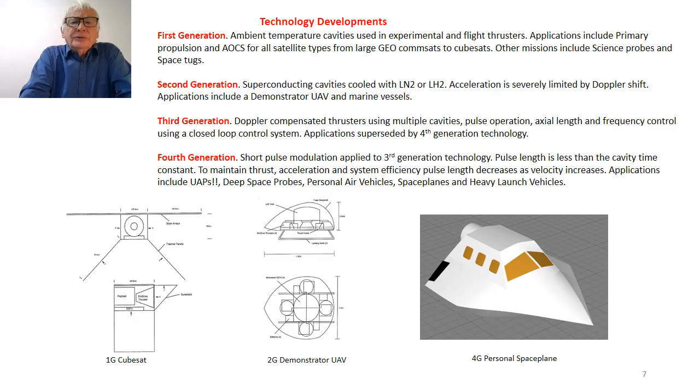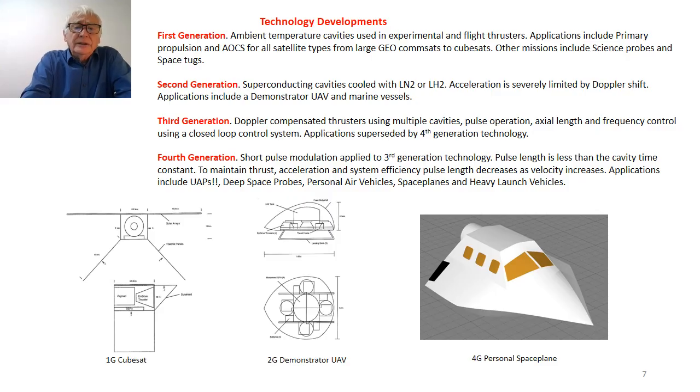The short pulse modulation is where the pulse length is actually less than the cavity time constant. We've discussed some of the implications of this, but the advantage is that you get much higher levels of thrust at acceleration levels that were not achievable with third generation.